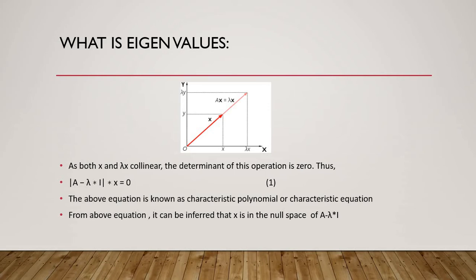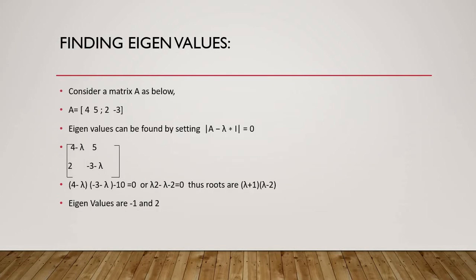So we do A minus lambda I into x equals 0. From this we find the determinant of A minus lambda I, and we get the roots, and those roots are the eigenvalues.